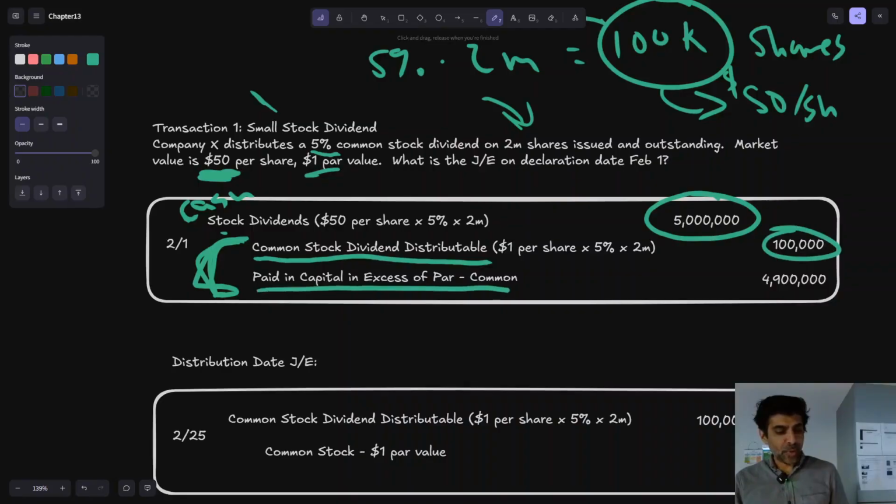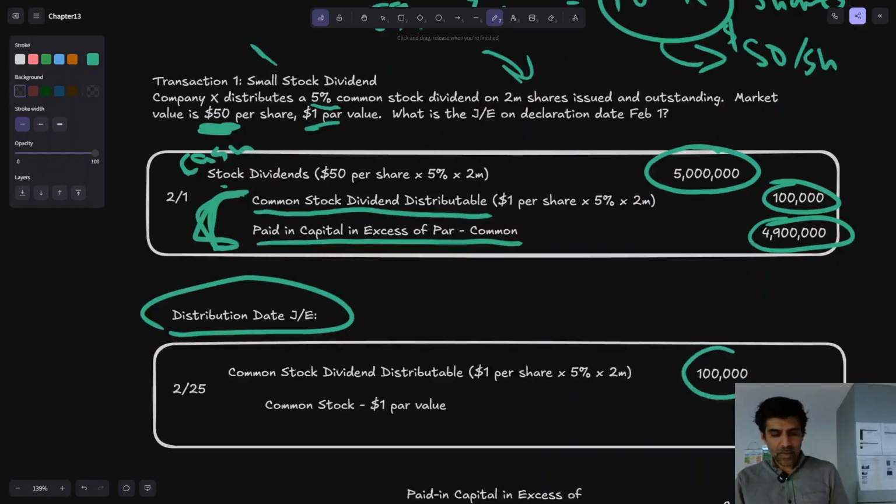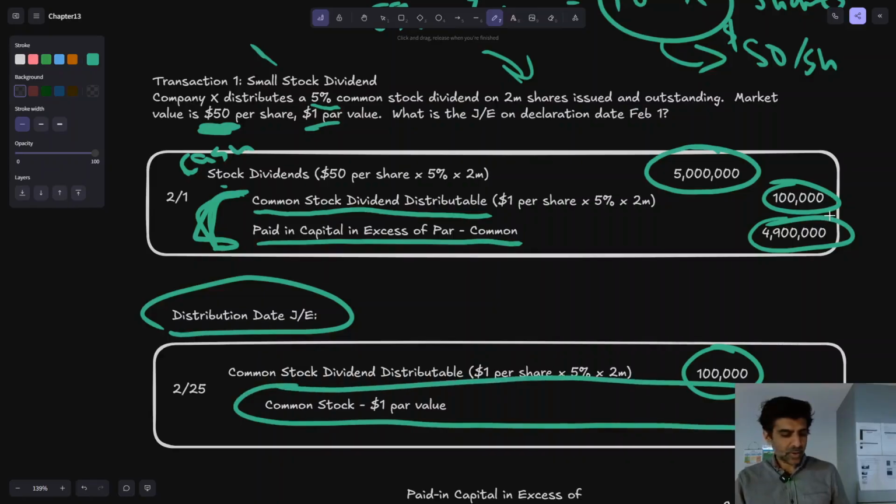Paid in capital in excess of par, we will recognize this on the declaration date. And then when we actually distribute the shares, we will just adjust this par value. We'll create the new shares here and then get rid of this. It's like a liability; we'll get rid of the liability. So now the shares are actually created. In this entry we actually distribute the shares.